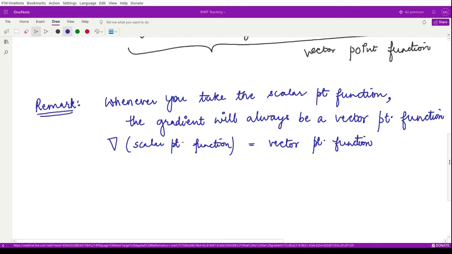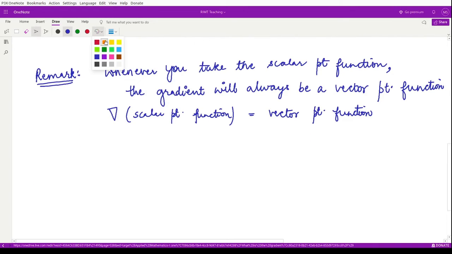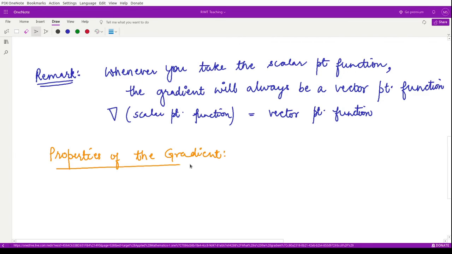Okay, so let me define the properties of this gradient vector. Assume phi and psi to be scalar point functions, so I am defining two scalar point functions, phi and psi.